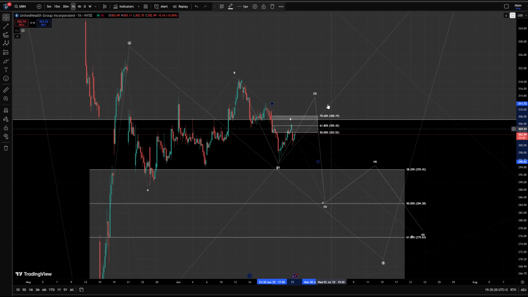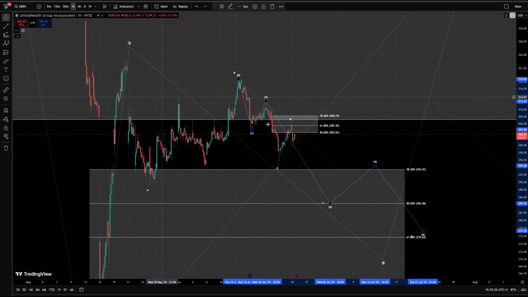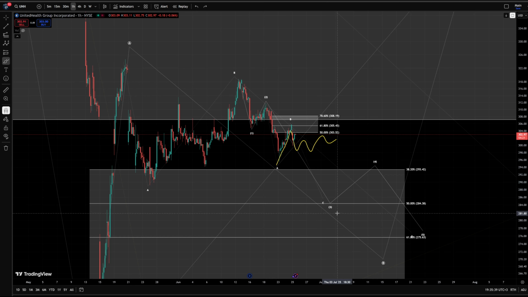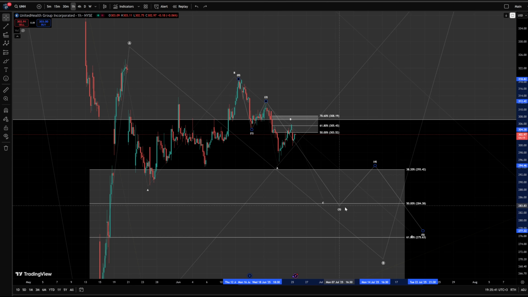$308 breaks. Until then, my preferred count and scenario is that we finished a wave A, in the third wave a wave B, possibly still ongoing. We could go A, B, C, or just more sideways correction before we go lower in the C wave and complete the third wave.